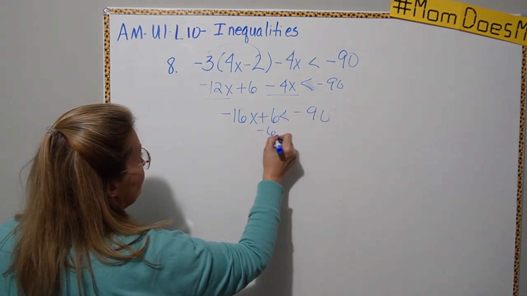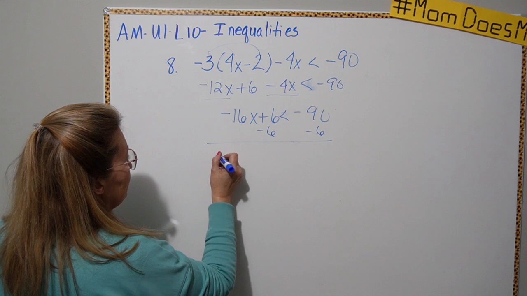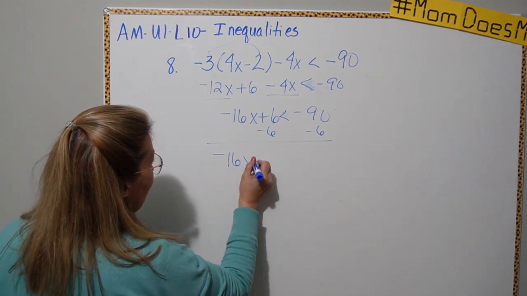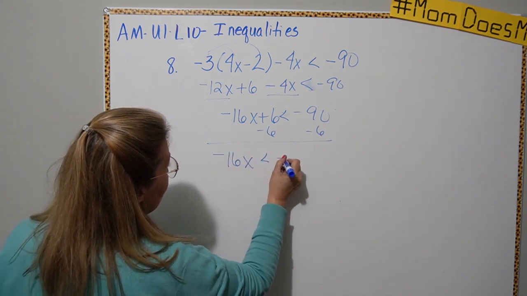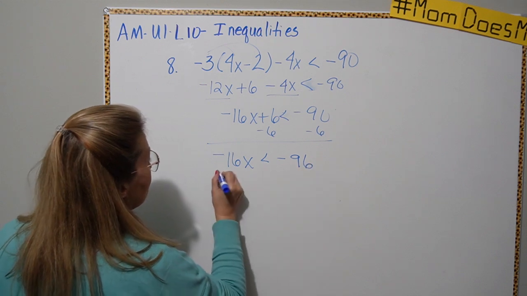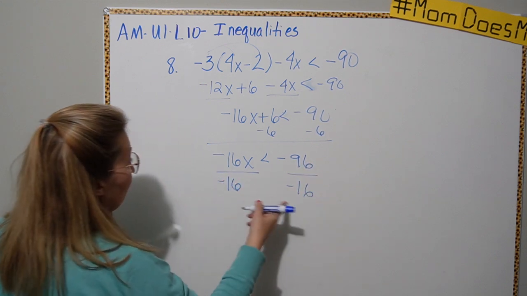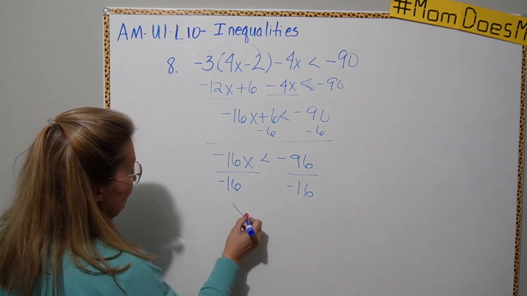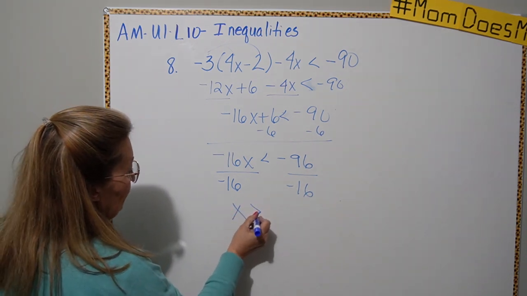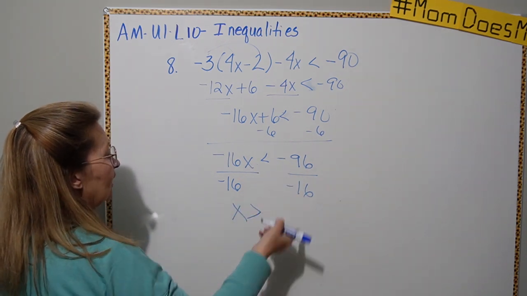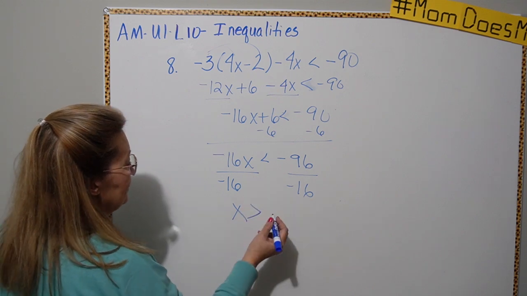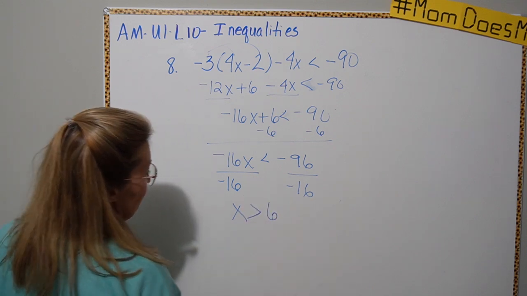And then subtract 6 from each side. So -16x is less than -96. So we're going to divide by -16. And be careful. Now we're dividing by a negative, so what that's going to do is flip my sign. Negative over negative is positive. 96 divided by 16 is 6.